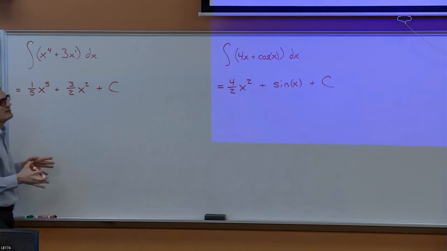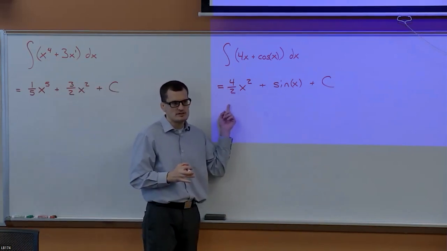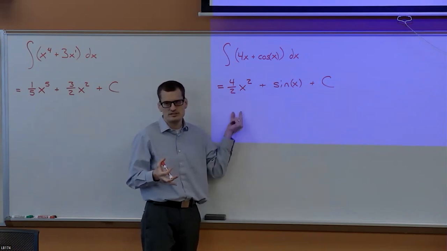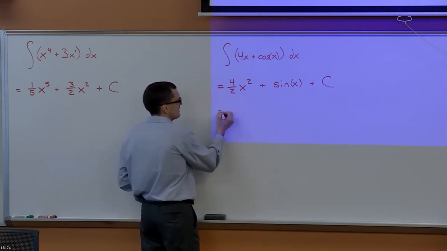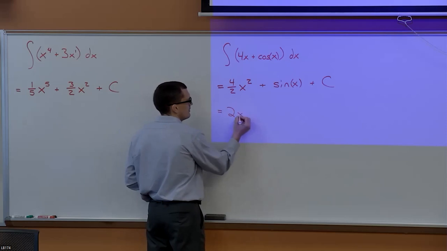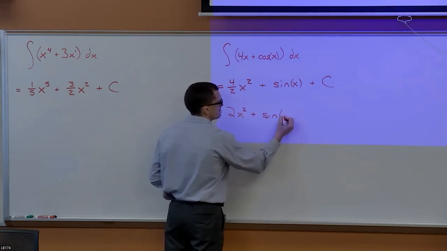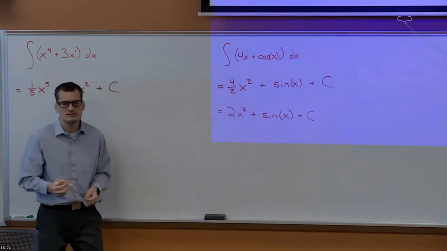Now, I believe in Moodle, you can actually write 4 divided by 2, and it's equivalent. I don't think it requires you every time to reduce these, but oftentimes on the board, and just in normal life, when we can reduce fractions, I tend to reduce fractions.